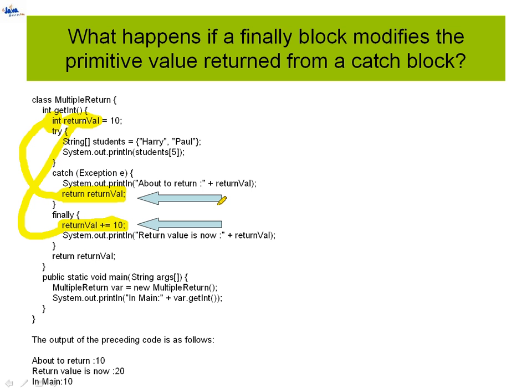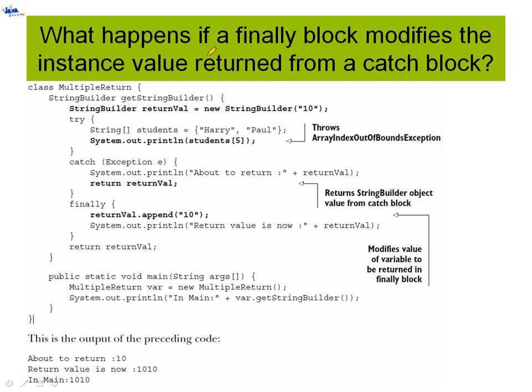I have one slight modification: instead of the primitive value, you return a reference variable, an instance. So what happens if a finally block modifies the instance value returned from the catch block? I have the same arrangement, but this time the type of the return value is StringBuilder, which is a class, and in the finally block, you modify the value of the instance being returned. In this case, the memory holds the address of the value being returned, so when finally modifies it, it modifies the same value.